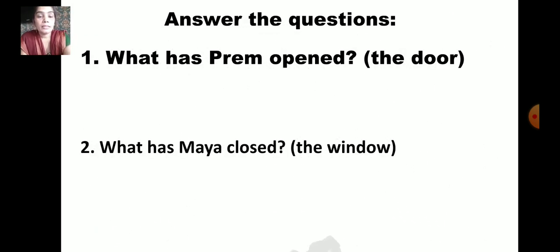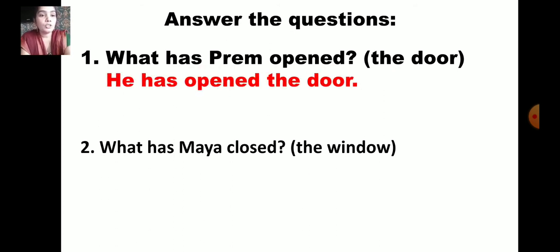And the next one is answer the questions. What has Prem opened? Instead of the picture, here it is given the door. So we can understand that Prem has opened the door. So what has Prem opened? Prem has opened the door.